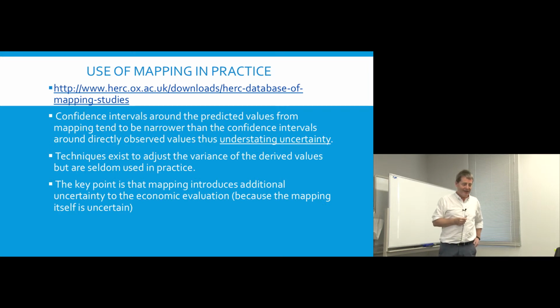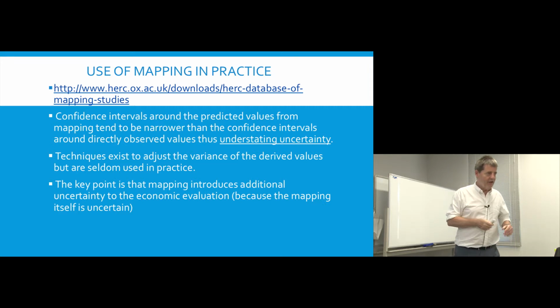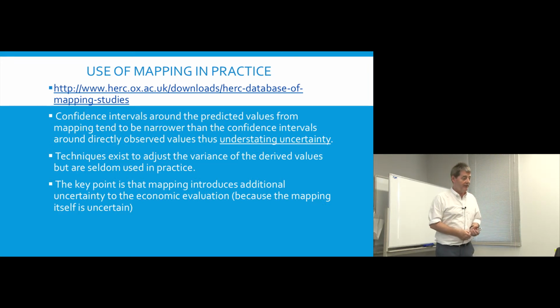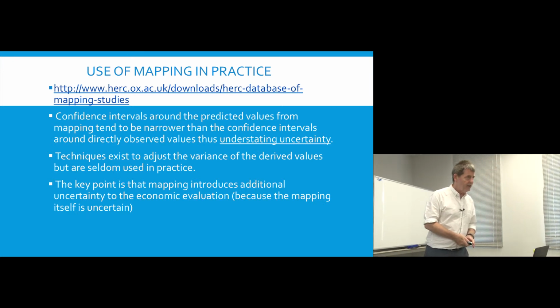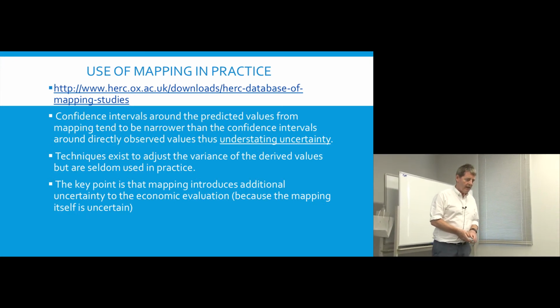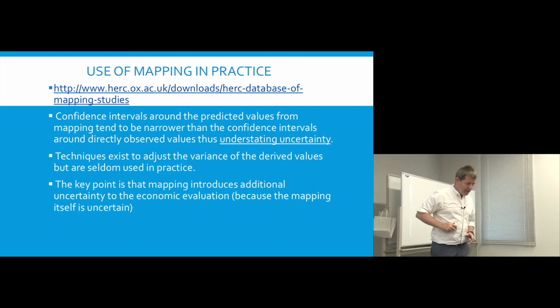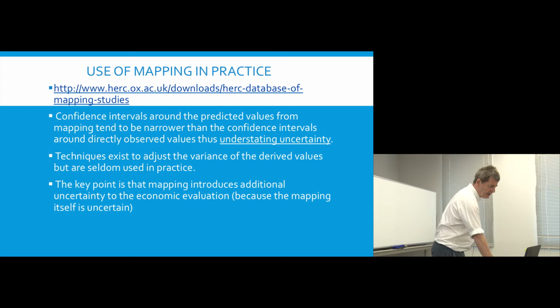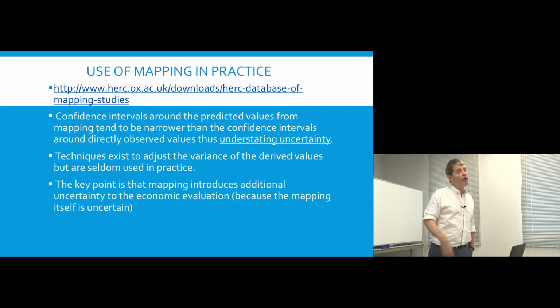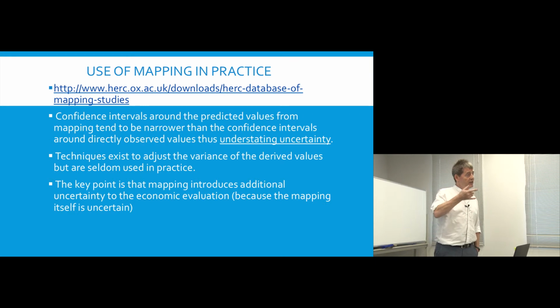Looking across studies in general, what they tend to find is with mapped data, the confidence intervals around predicted values tend to be narrower than the confidence intervals for the scores for particular health states using actual EQ5D data. So you're losing some information, and you're perhaps getting a false sense of certainty. You're understating uncertainty. But I think the key point is, whenever you use mapping in an economic evaluation, you've introduced more uncertainty because there's uncertainty about the algorithm.